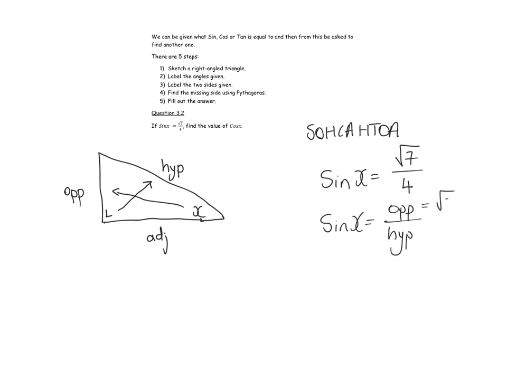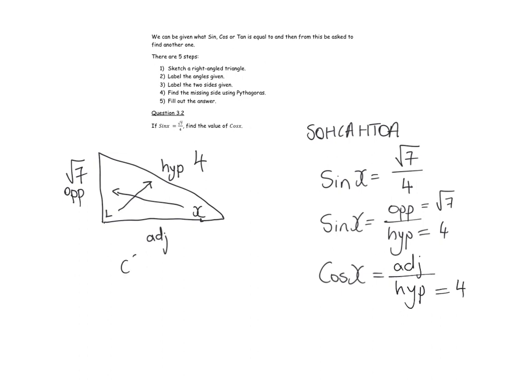The opposite here then is square root 7, and the hypotenuse is 4. So then what we need to figure out is the cos of x. And the cos of x is the adjacent over the hypotenuse. We know what the hypotenuse is, that's 4, but we don't know what the adjacent is, so we have to figure that out using Pythagoras' theorem.